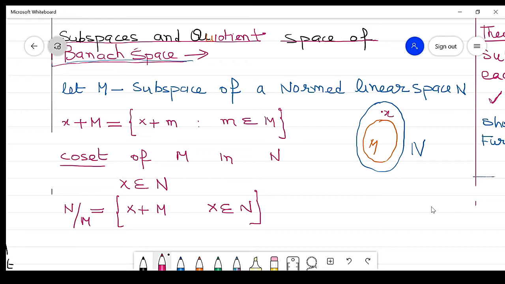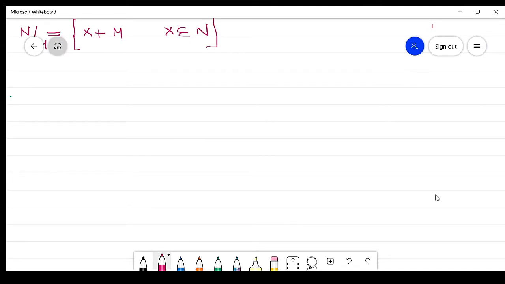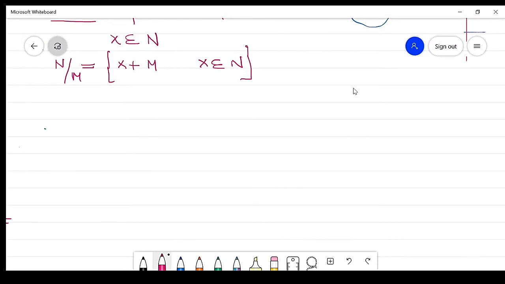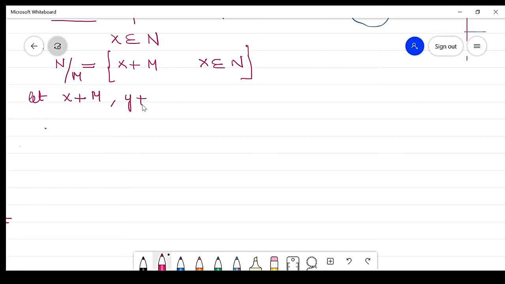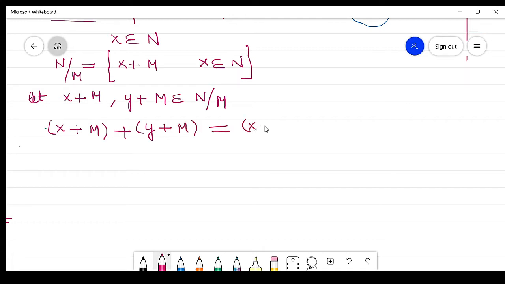If we take two vectors, x plus M and y plus M, these two vectors belong to N by M. Here the addition property is x plus M plus y plus M, which is equal to x plus y plus M. So this sum of two vectors belongs to N by M. This is the addition property of cosets.